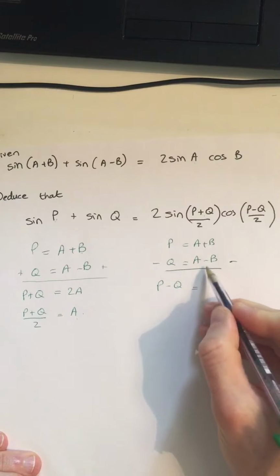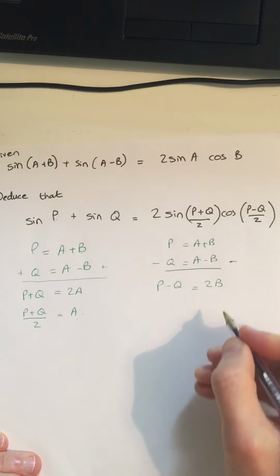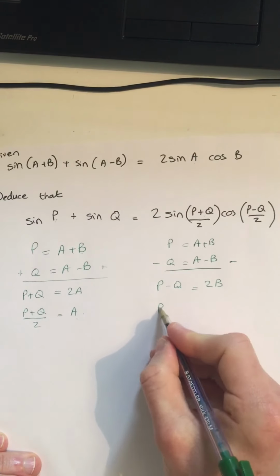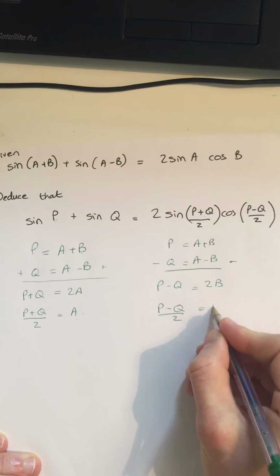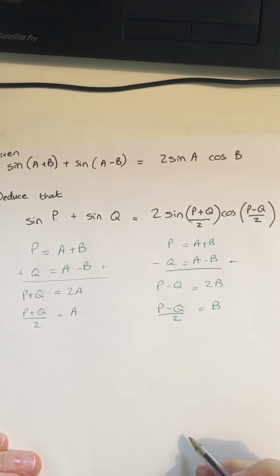And then I've got B minus negative B, which is B plus B, which is 2B. I can then divide both sides by 2. So I've got P minus Q over 2 is equal to B, which is again what I wanted to show.